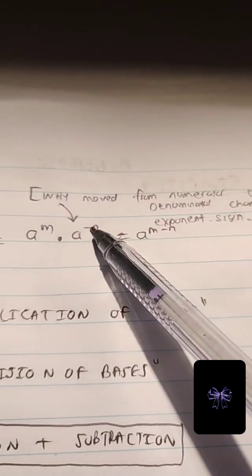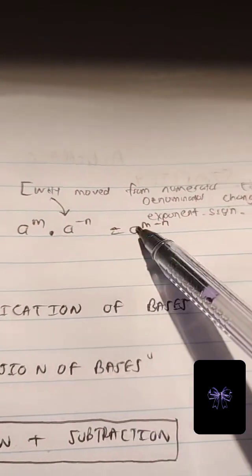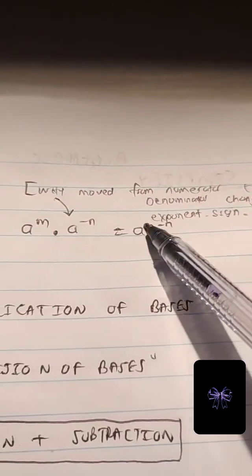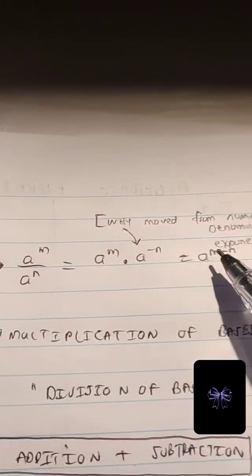So that's why you have a to the power m minus n. Because of division, you move that a to the power n to the numerator because it was in the denominator, so the exponent's sign changes.